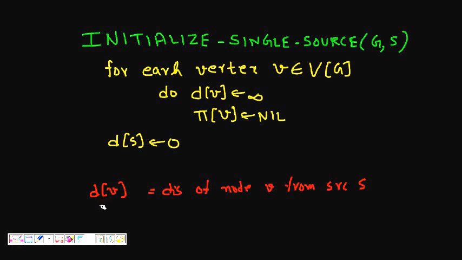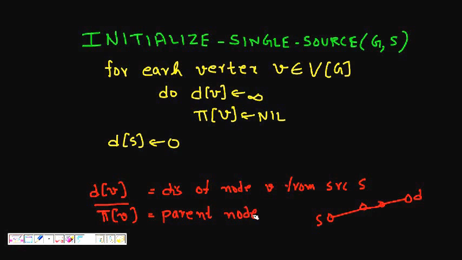Another one is pi of V, which is the parent node of V. That is, for me to reach from source node to some destination node, I will be using a set of nodes in between. Whichever node I take before coming to the destination is the parent node of that particular node.